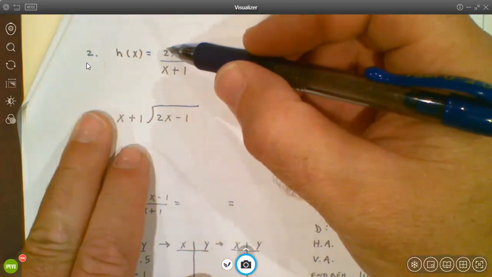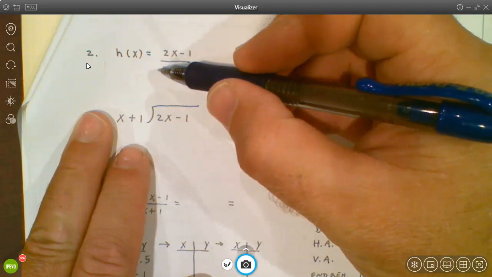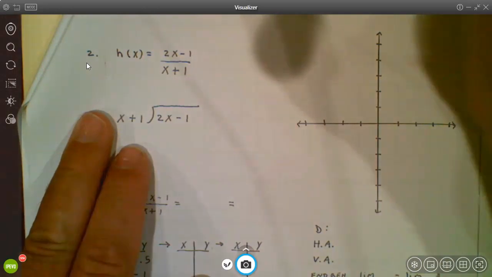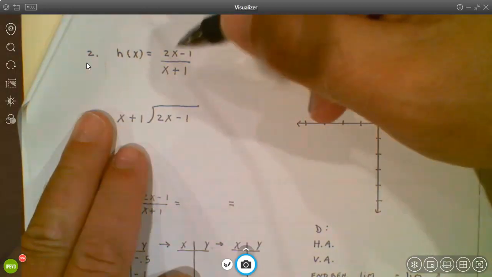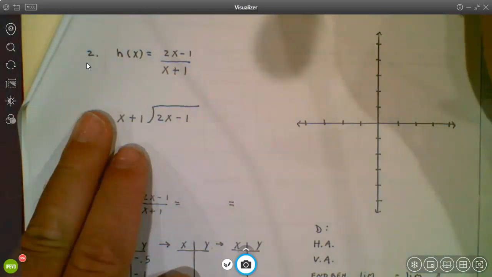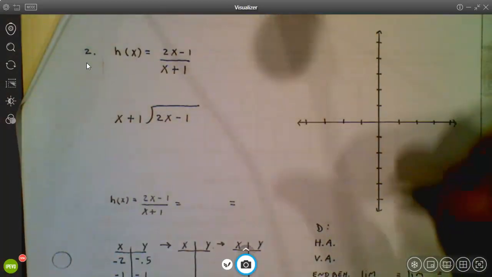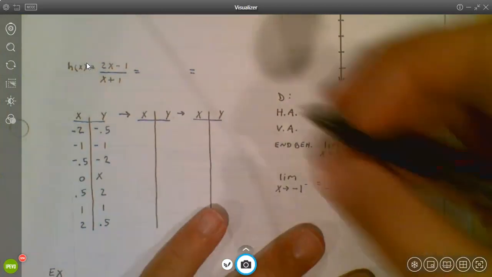And if I did this coefficient divided by this coefficient, I know that y equals 2 is my horizontal asymptote. Although I think we're going to get a better idea of where that's coming from after we do the long division, right? So let me just go ahead and write that stuff real quick.